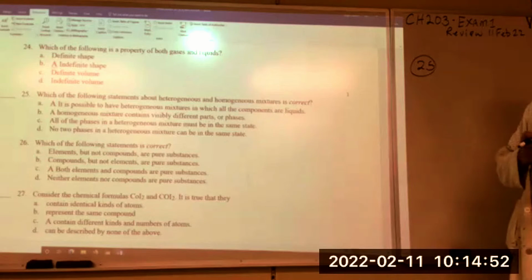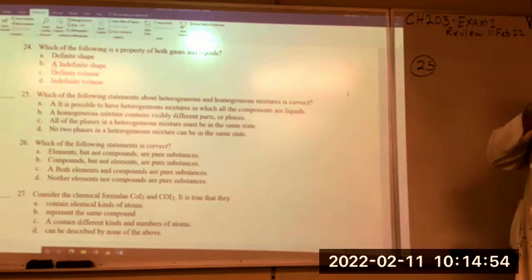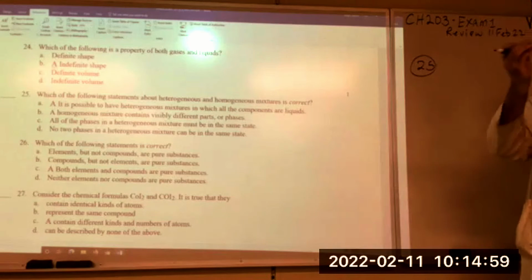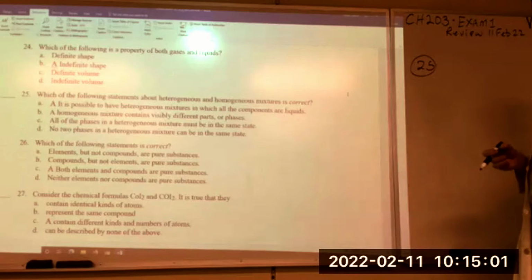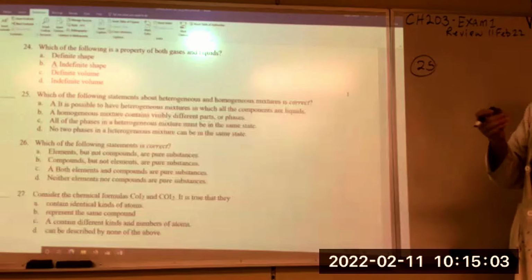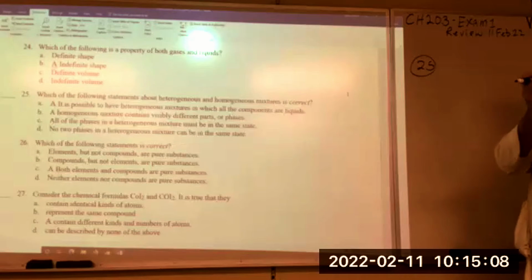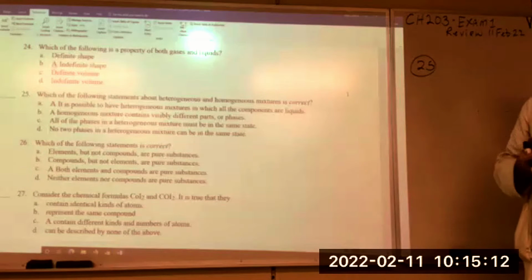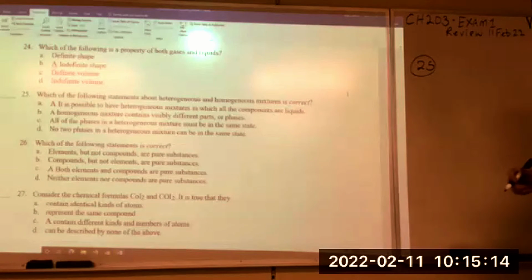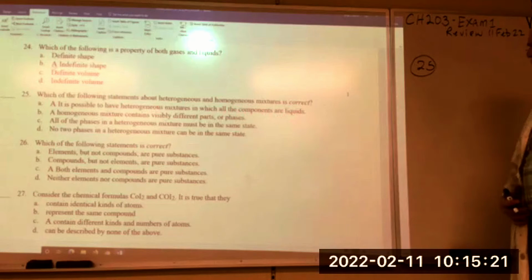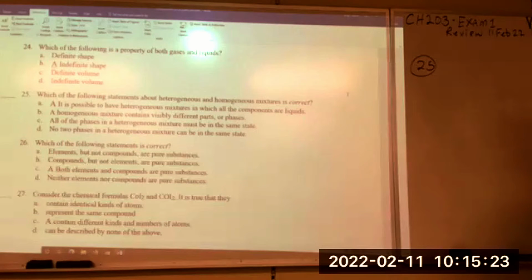So a homogeneous mixture is where everything is uniformly distributed. No matter where you subsample, you always get the same ratio of pure substances. Heterogeneous is obviously, you take a sample and you get a ratio, and you take a sample over here from the same lot and you get a different ratio. That's heterogeneous. Okay, it is possible to have heterogeneous mixtures in which all the components are liquids. Yeah, that's true.